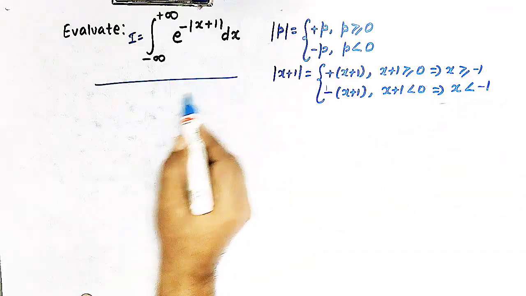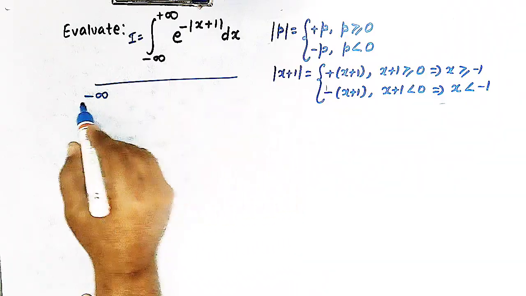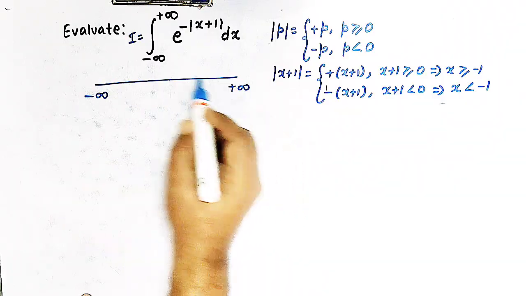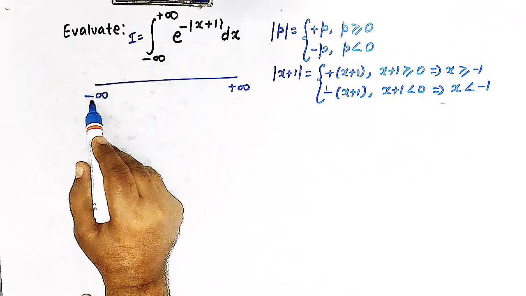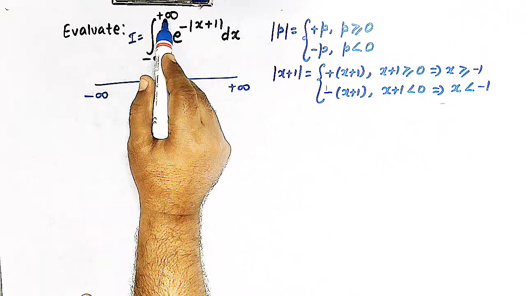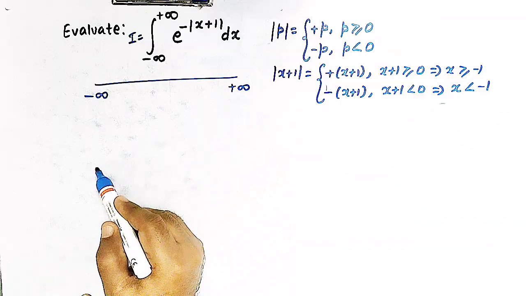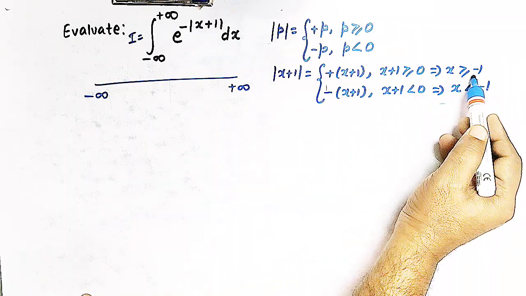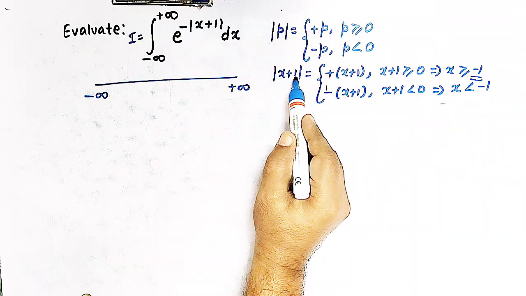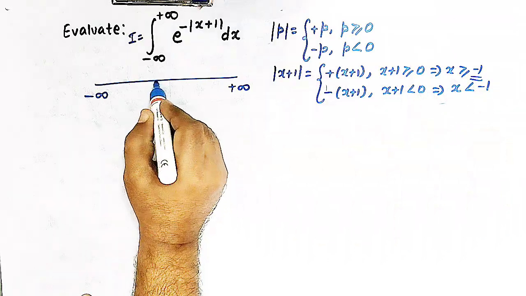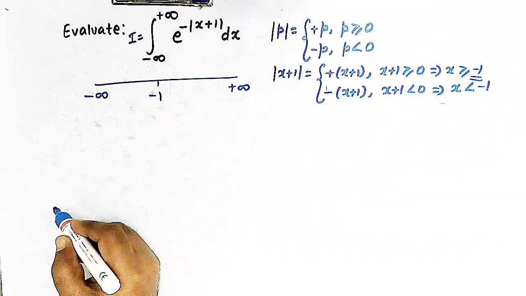So here we have the real number line minus infinity to positive infinity, and here the lower limit is negative infinity and the upper limit is positive infinity. And here we have the critical point for mod of x plus 1 given by negative 1, right?